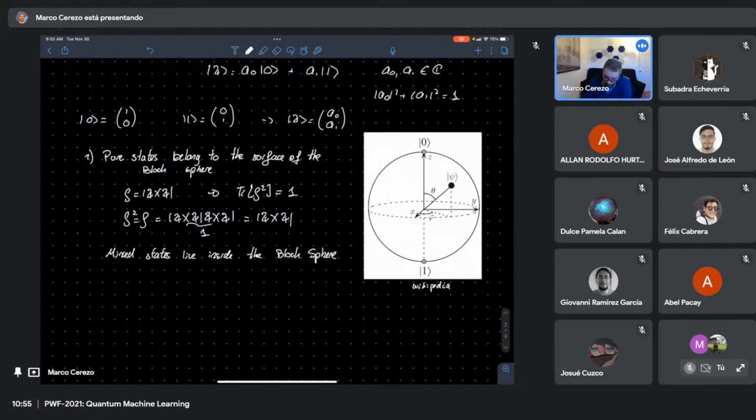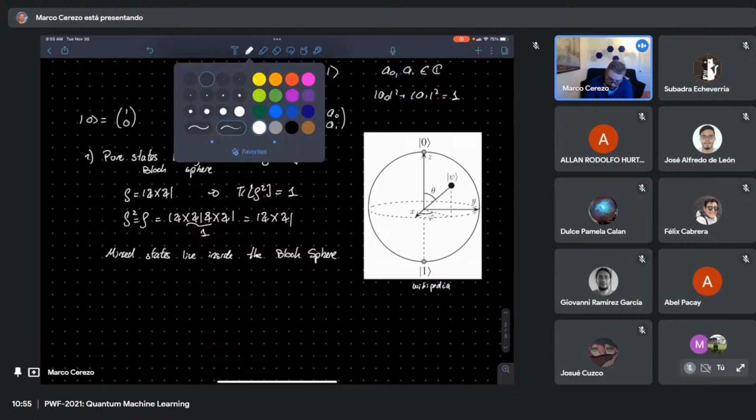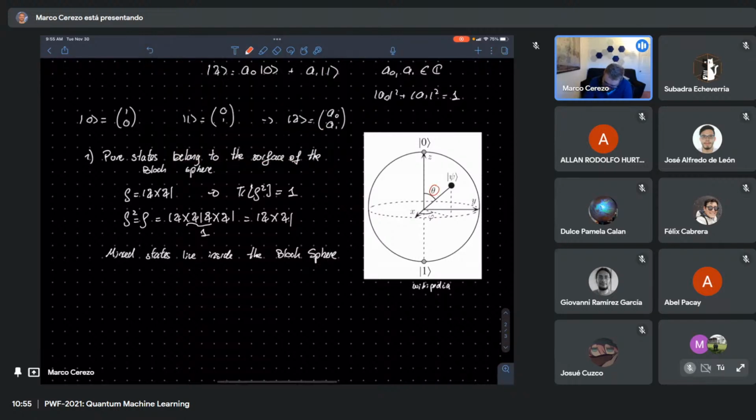We've described the vector via two coefficients, A0 and A1, but as you can see in this picture on the right, we can also define it in terms of angles. What is the angle that my state is tilted with respect to the z-axis? This is what we usually call the theta angle. And what is the tilt with respect to the x-axis? That's the phi angle.